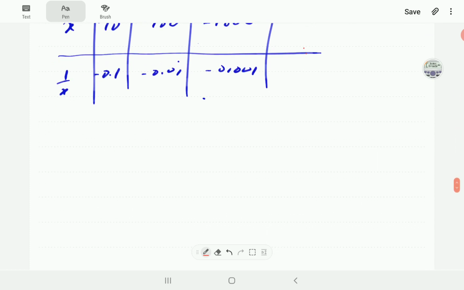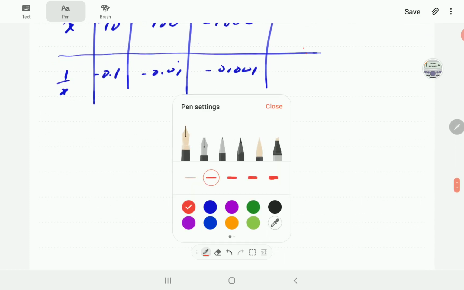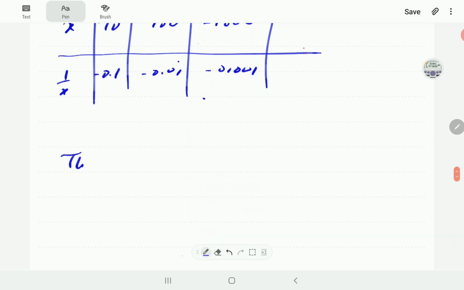It's going to be the same thing for 1 over x squared. So we can conclude that for the reciprocal powers of x, whether x is going to plus infinity or minus infinity, these will always go to 0.